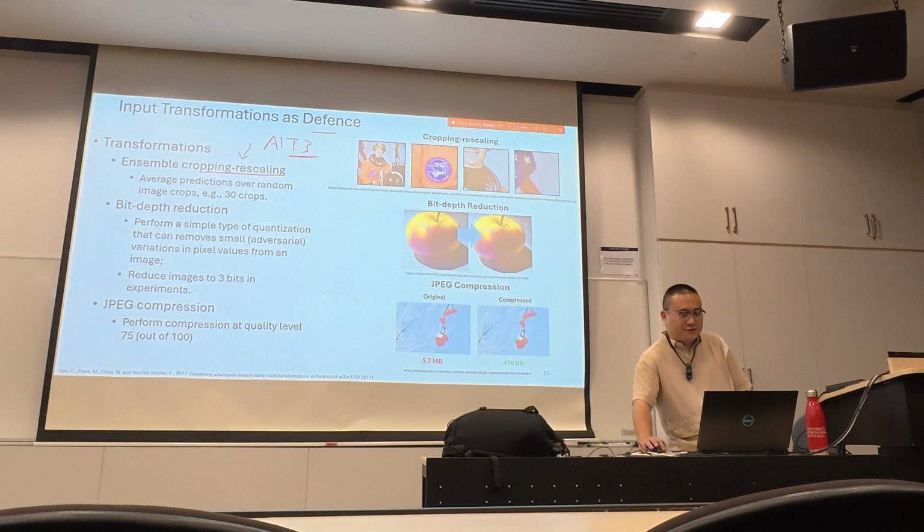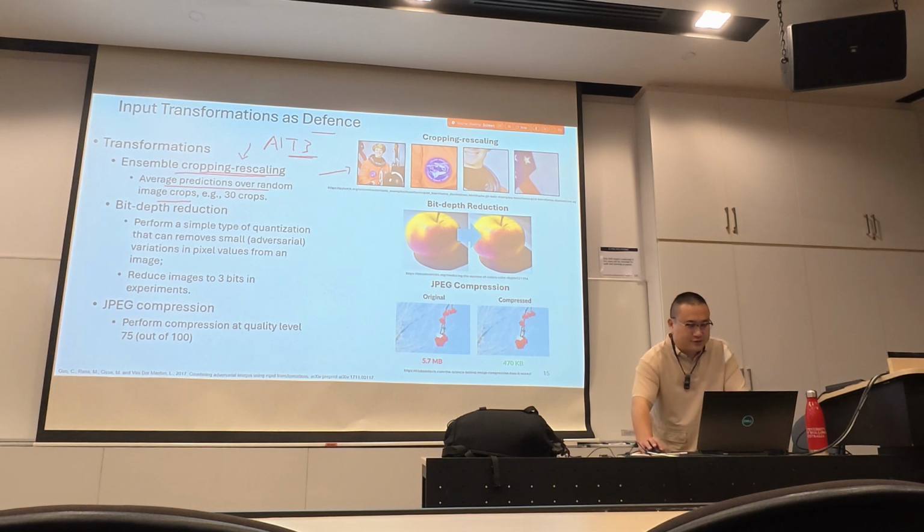The first transformation is ensemble crop scaling. Given the image, we crop the image into some random pieces, give all the crops to the model, and calculate the average predictions over the random image crops as the final prediction. So this is the first transformation that we can do.